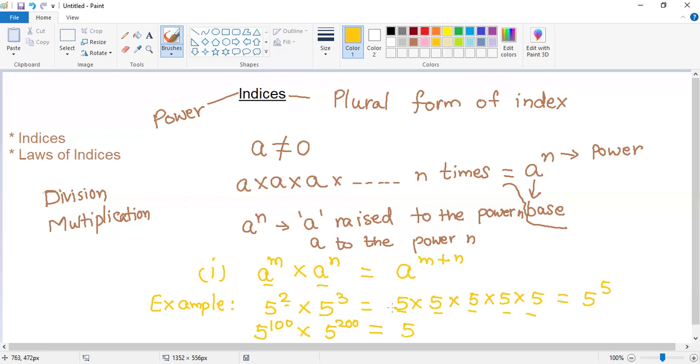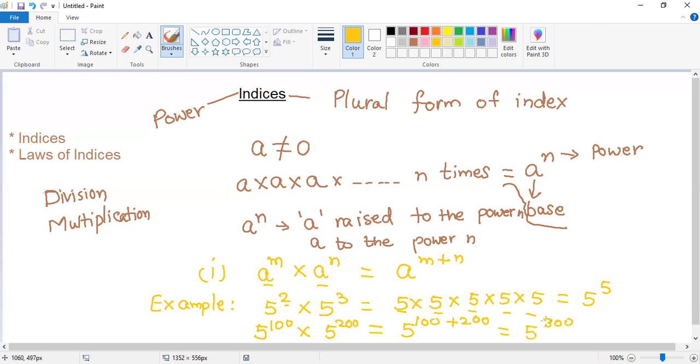Generally in mathematics, you are using it for small numbers, but imagine if you have a larger number, then if you multiply this way, it's going to take all the space and your time, and you can simply add 100 plus 200 and it will give you 5 power 300.